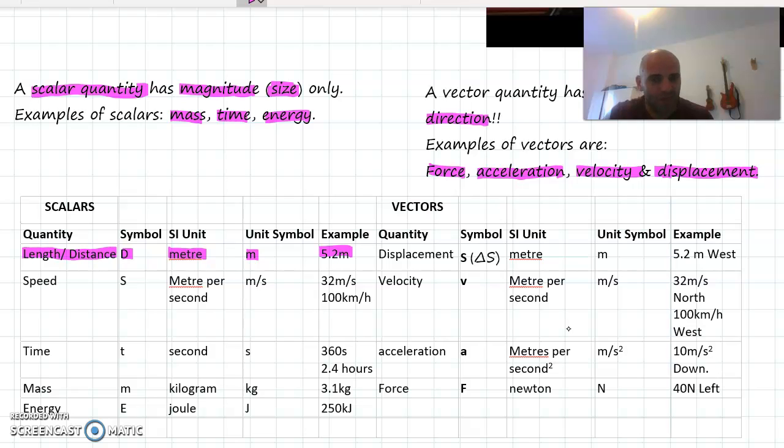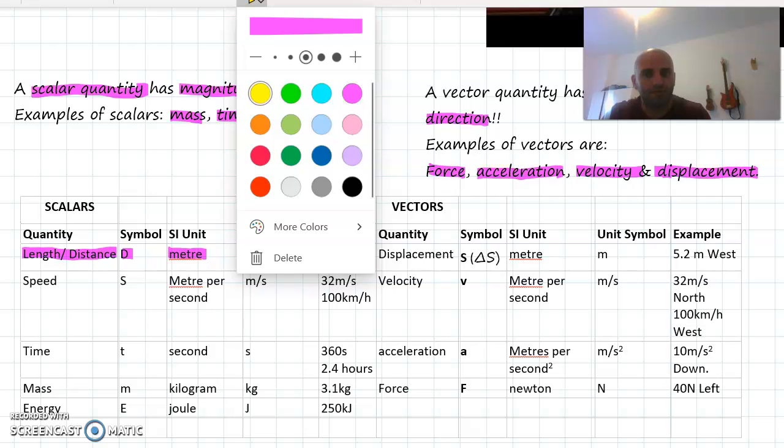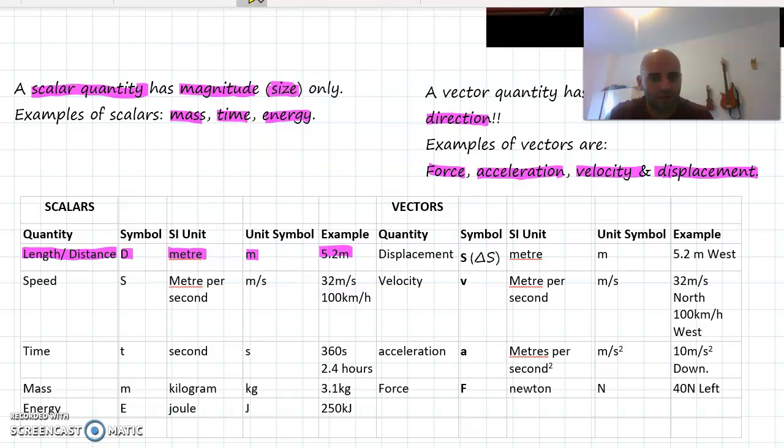Displacement, on the other hand, is what I would call the vector cousin of distance. Okay, so it's the vector cousin. In other words, it's kind of a distance with a direction. So we give it a different letter, and sometimes you'll see it as delta x, but in GCSE we would use the letter S for displacement.